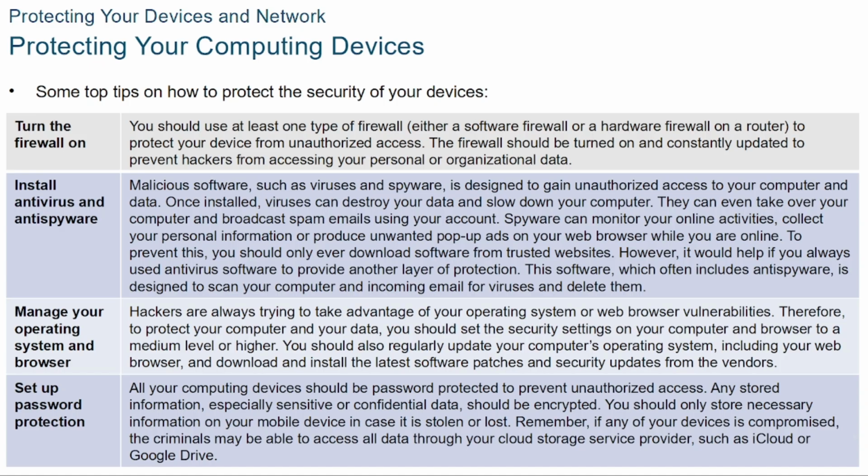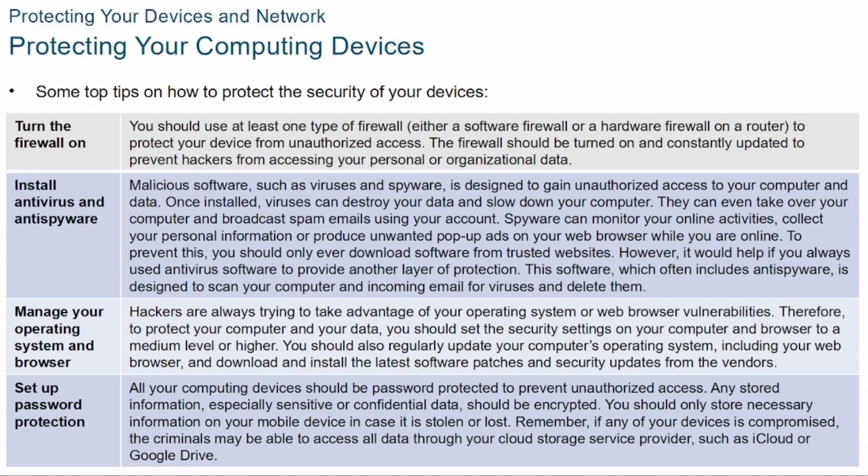The next tip is install antivirus and anti-spyware softwares. So malicious softwares such as viruses and spyware are designed to gain unauthorized access to your computer data. And once these malwares are installed on your PC, it can destroy your data. They can slow your computer down. They could even take charge of your computer on the network, and they can send emails without your permission or carry out activities on your PC without your permission.